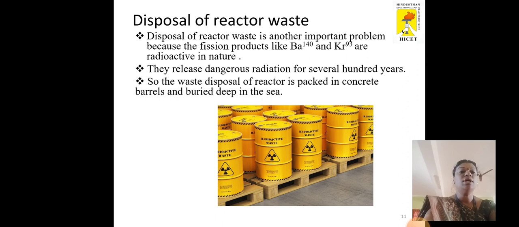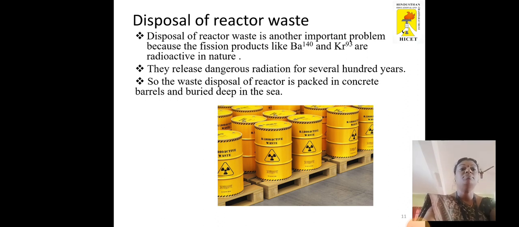Now, how is the reactor waste handled? Because of the fission reaction, the uranium will produce daughter elements, that is barium and krypton, as fission products. So that will be considered as waste. Disposing of the reactor waste is a very tedious process, because they collect all the barium and krypton, and the waste is packed in concrete barrels and buried deep in the sea, because it is highly dangerous and releases harmful radiations to the environment.